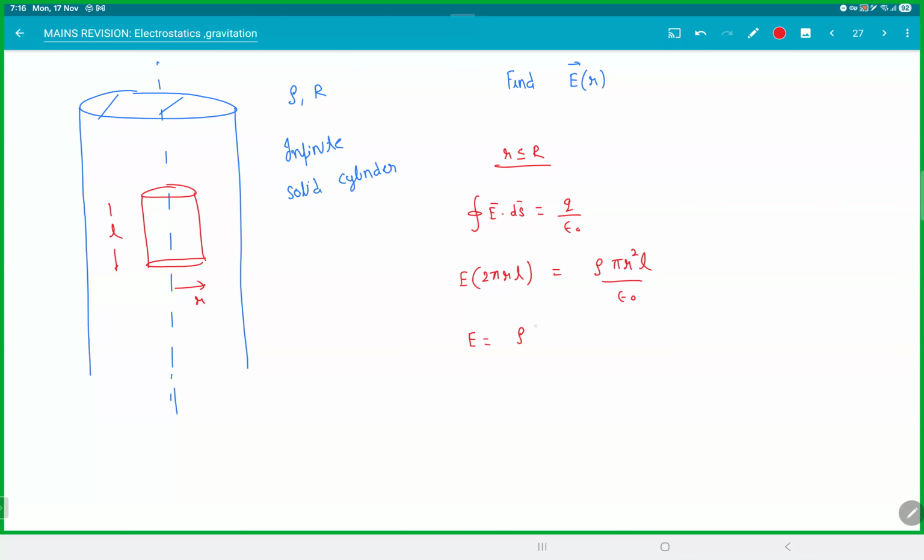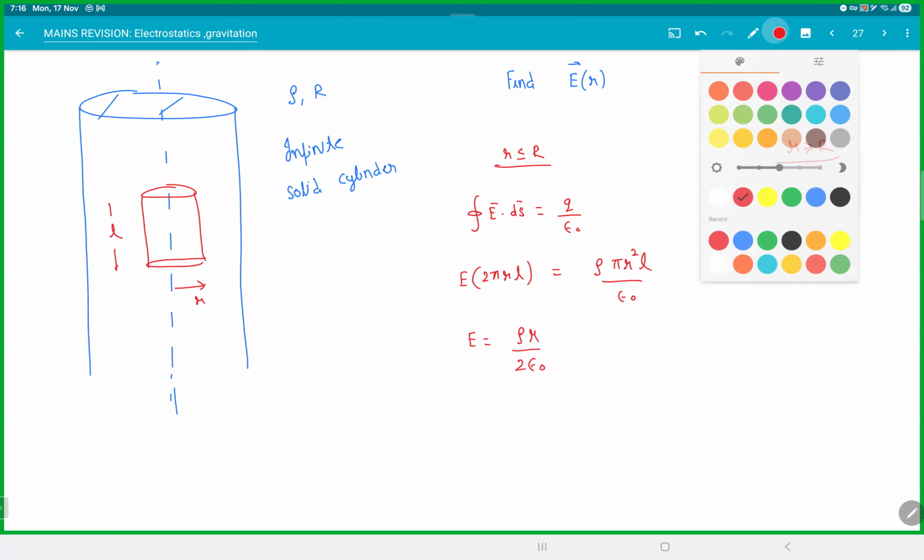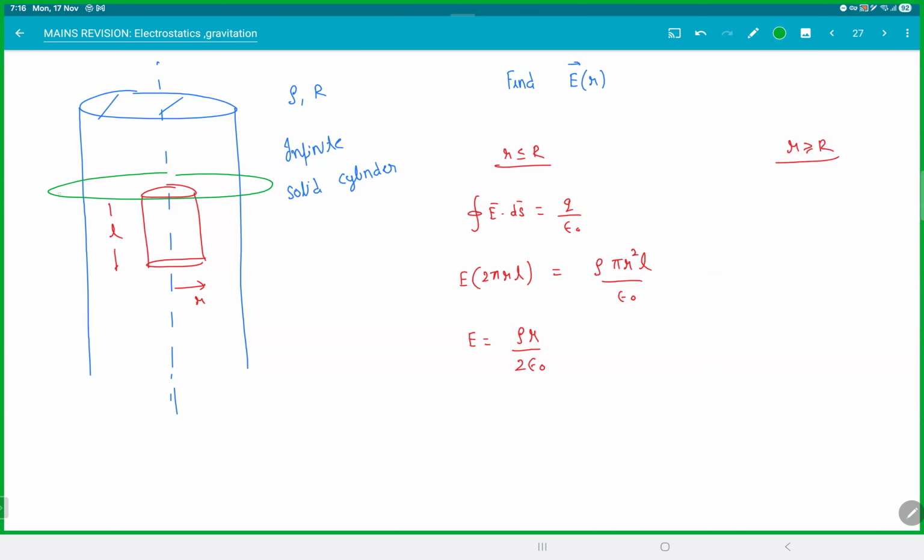So pi goes off, L goes off, E equals rho r by 2 epsilon. It's a linear function. For r greater than R, if you take a cylinder like this, this will be E into 2 pi r L equals rho into pi capital R square L by epsilon.